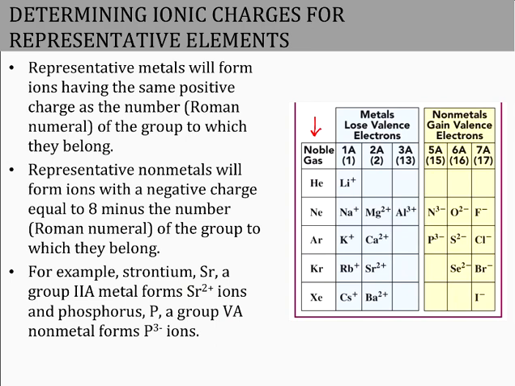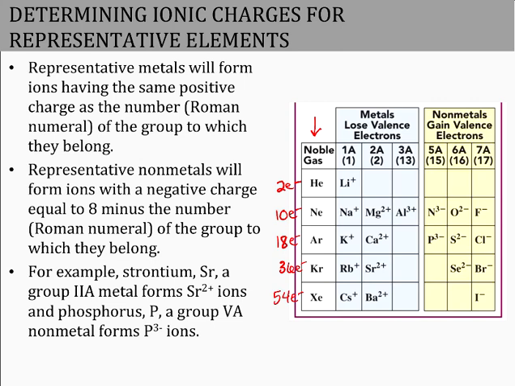So helium has 2 electrons, neon has 10, argon has 18, krypton has 36, and xenon has 54. And again, I'm just looking at a periodic table and at the atomic numbers to determine how many electrons they have.